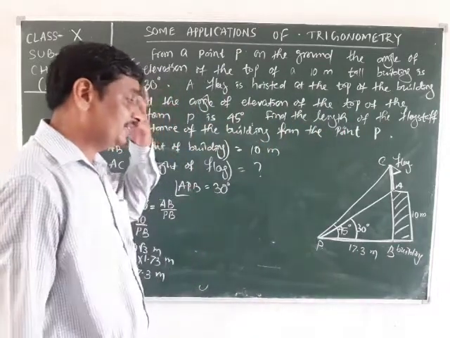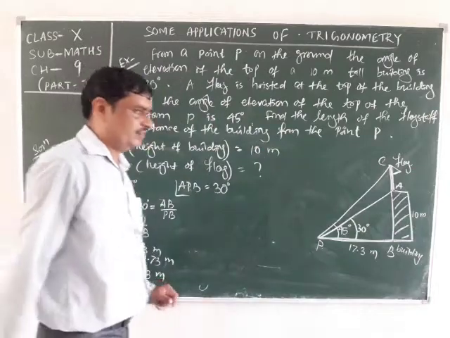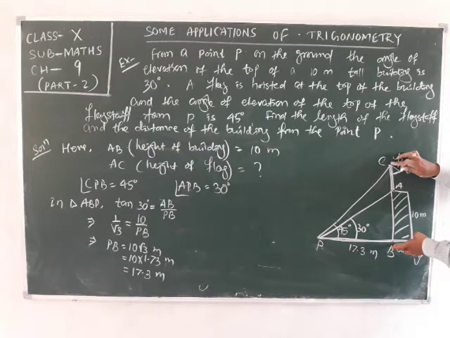Now we have to find AC here. How to find AC? If we can find BC, then from this BC if we subtract AB, that is 10 meters, AC is easily calculated.